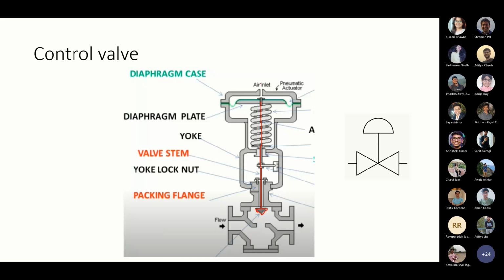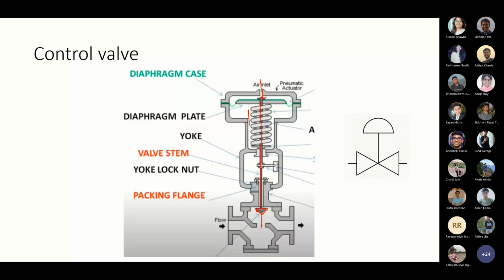If you apply pressure here, what will happen? The spring moves downwards. When the spring moves downwards, the valve seat will move downwards.